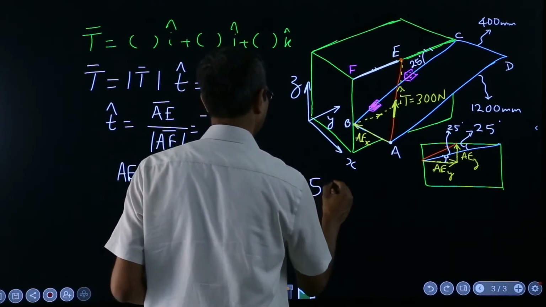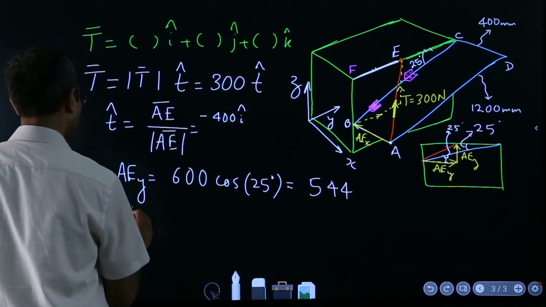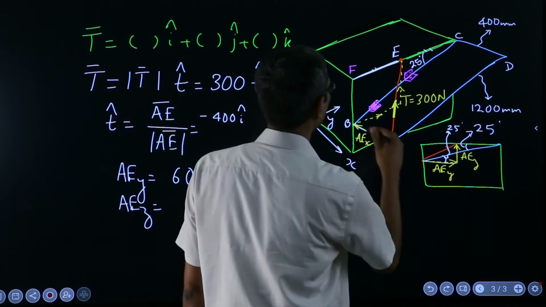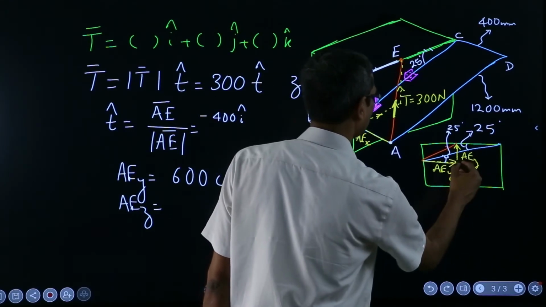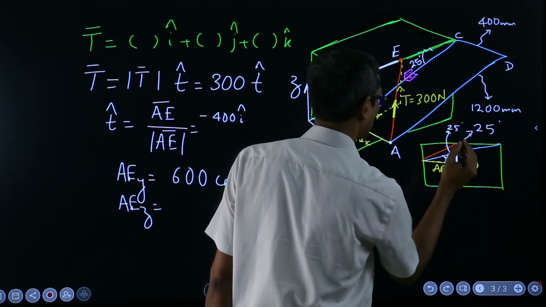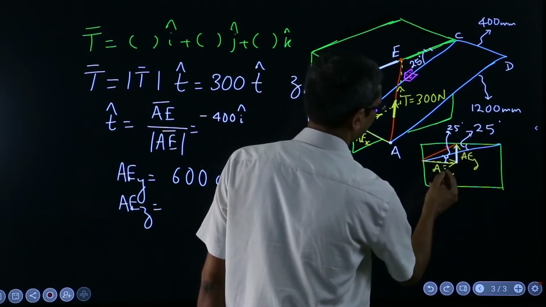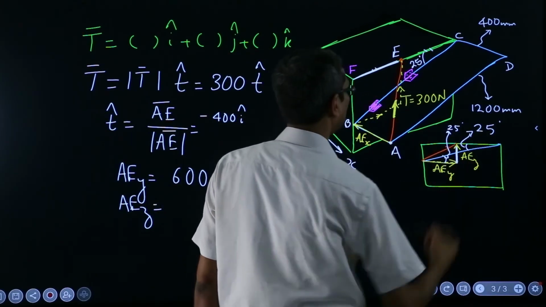And then this length, 600 cosine of 25 degrees, will give us the value of around 544. Similarly, AE's z component in the D direction, so that is this full length. This is that length which I am talking about now, and if you see, it is the sine component of the full length AD.